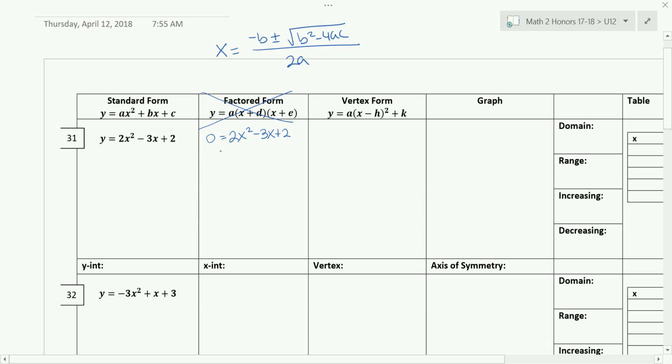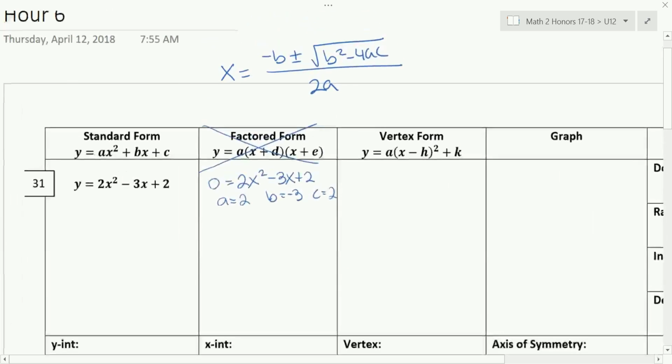And so here we have a is 2, b is negative 3, and c is 2. So I'm going to substitute those into this formula.